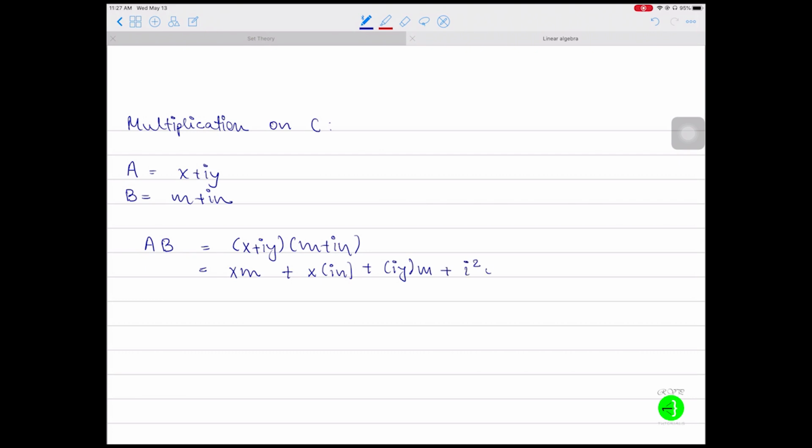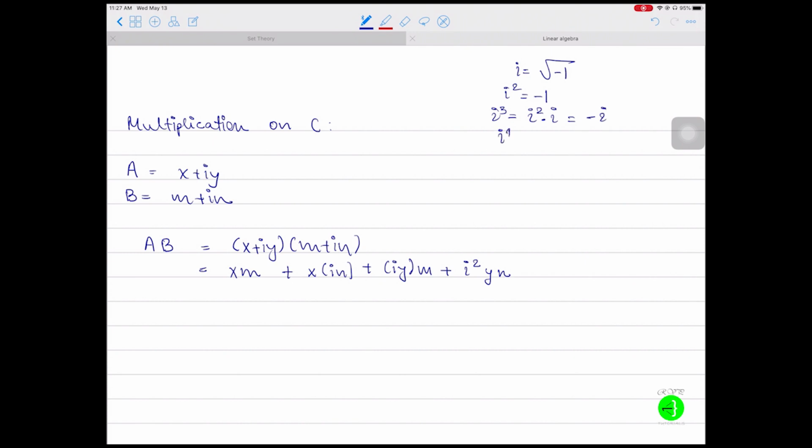In the last slide, we talked about iota being under root of -1. So we can say that iota squared will become -1. Similarly, iota cubed would be iota squared times iota, and we know iota squared is -1, so iota cubed is -iota, and then similarly iota to the power 4 would be 1.